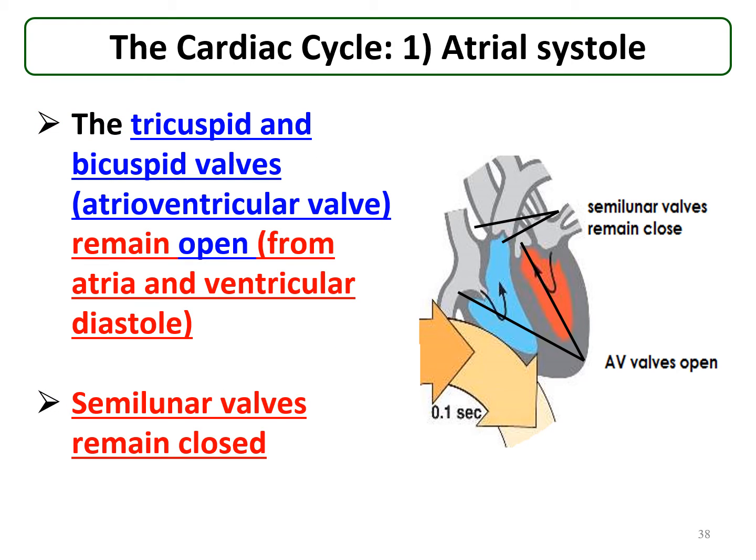Because of the higher pressure in the atria, the atrioventricular valve remains open. That's why blood can be completely pumped into the ventricles. During this phase, the semilunar valves remain closed, so no blood will flow from the ventricles into the aorta and pulmonary artery.